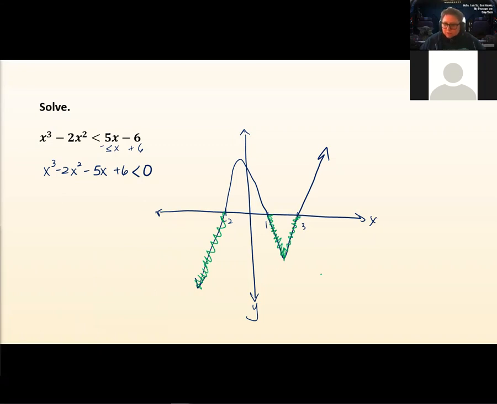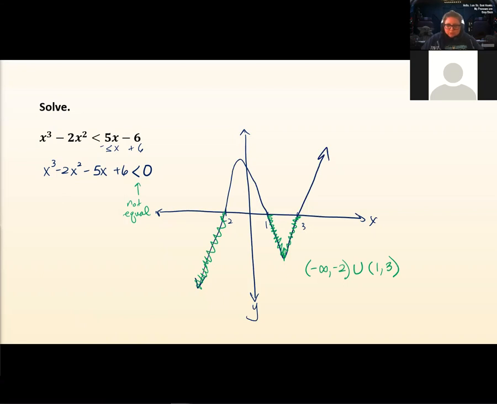So how do we write this? Parentheses, negative infinity, comma, -2. I believe that's a bracket. Oh, we don't need a bracket, right? Because this is not equal. Okay, that makes sense. A union, and then 1, 3. Good job. Done.